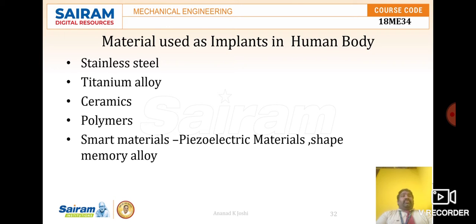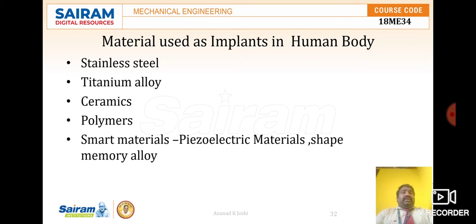Even shape memory alloys, especially nitinol alloy, capable of exhibiting the shape memory effect as well as pseudo elastic property, are used for implants in orthodontic, orthopedic, cardiovascular and neurology disorders. So these are some of the basic materials used for implants in the human body.